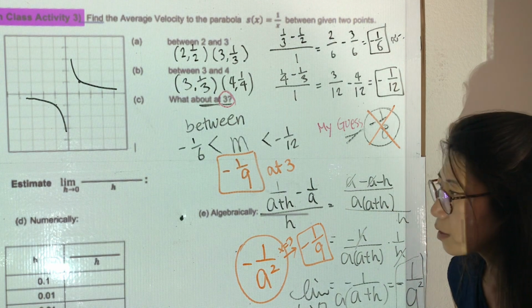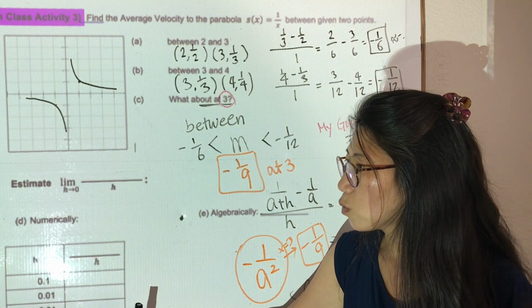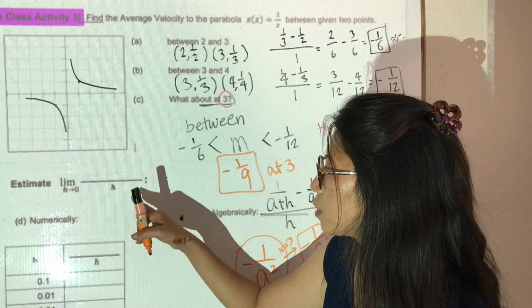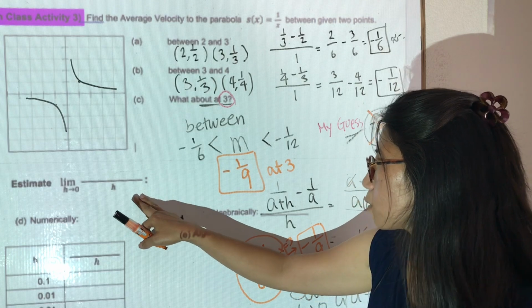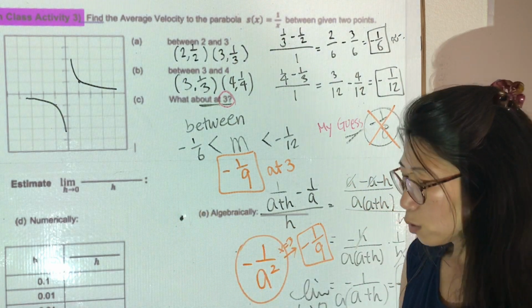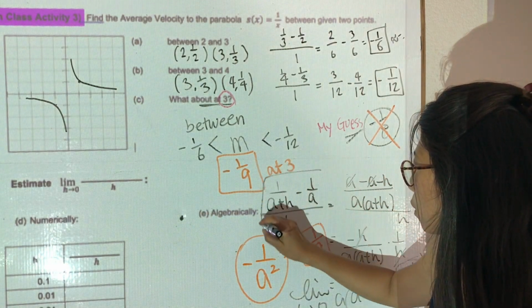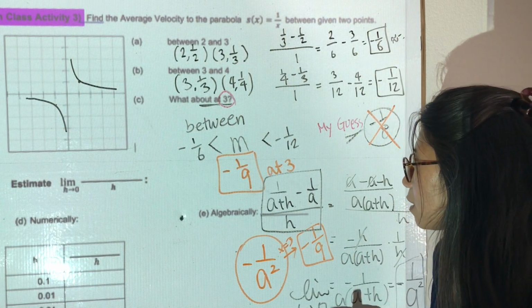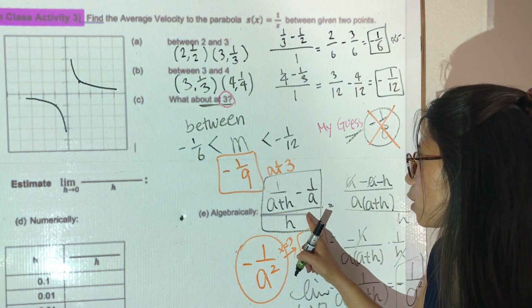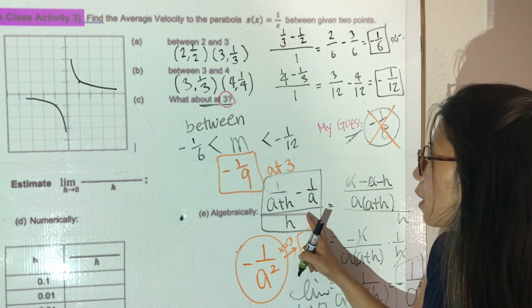Then let's check this one numerically. In order to check numerically, we need to find the limit notation. So how are we going to rewrite this as limit notation? Look at the rate of change function here. What am I looking at? I'm looking at the rate of change at the x value 3.